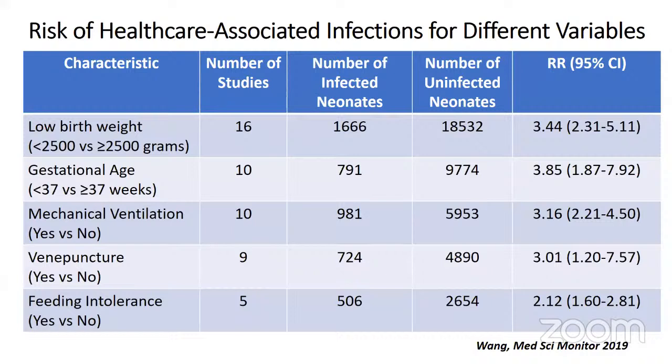Now, this is just looking at these factors that I've mentioned. If you look at a patient with a lower birth weight category, the odds of having hospital-acquired infections are threefold. The same for the gestational age, the mechanical ventilation, and if you put an IV line, the odds are threefold. And if you've got a baby with feeding intolerance, the odds of having hospital-acquired infection are twofold.